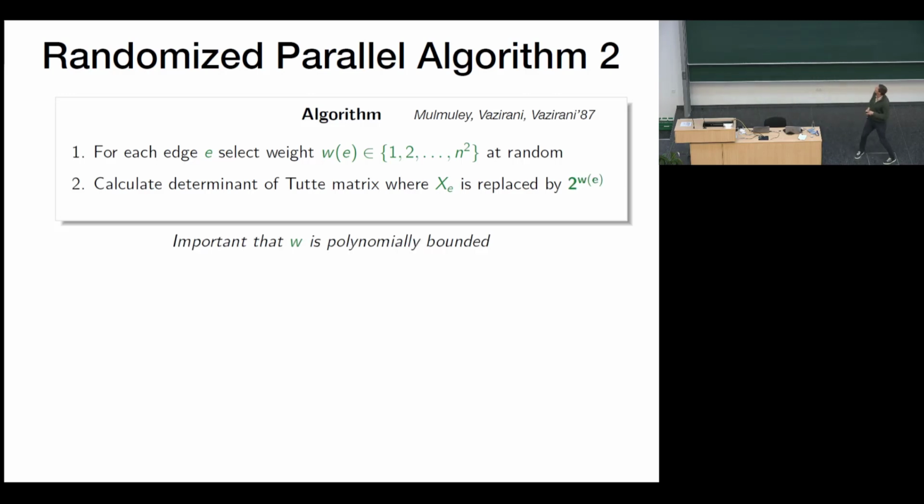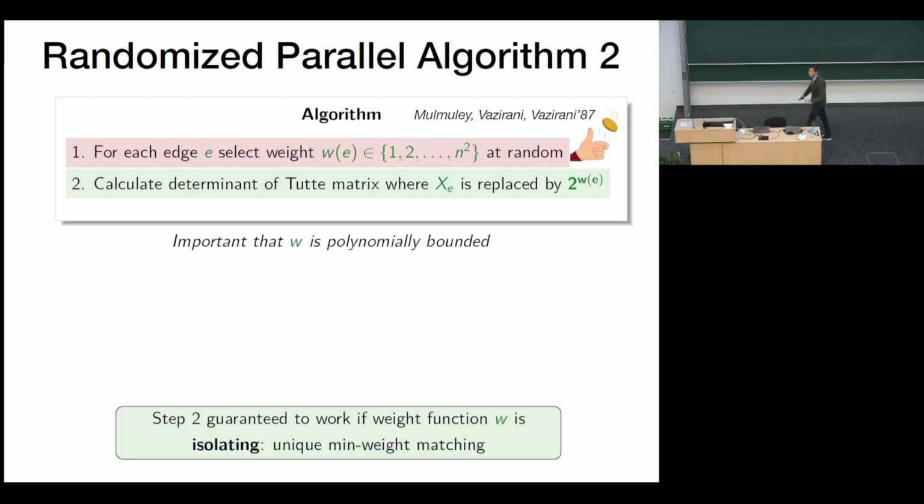The second gain, which is more important for us here because we want to de-randomize, is that there's this randomized step, and then there's this deterministic step. And this deterministic step is guaranteed to work if a very nice sufficient condition holds. So there's a sufficient condition on the weight function that we select in the first step that guarantees that the second step will work.